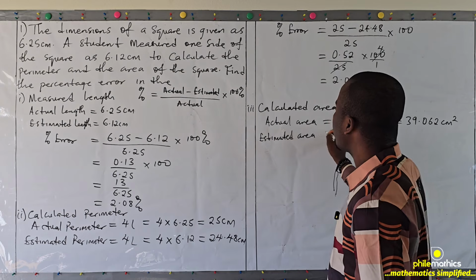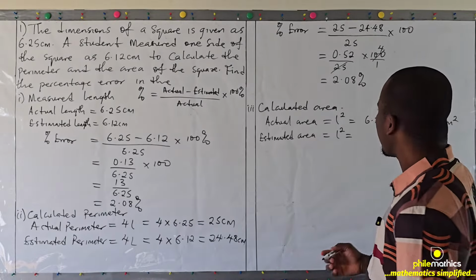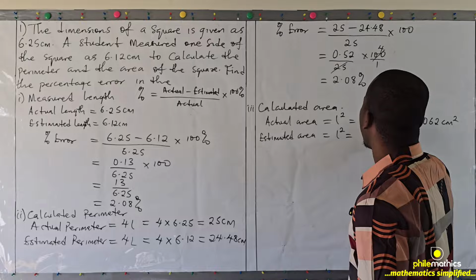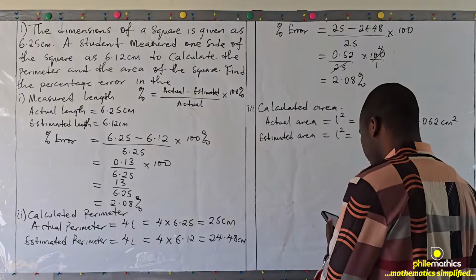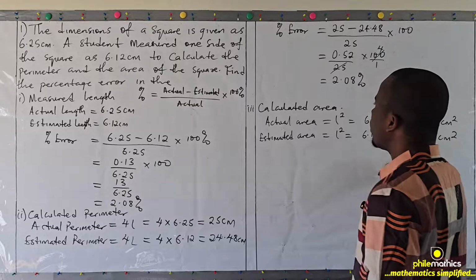And so the estimated area by the student, same formula, L squared, which is the area of a square, will be 6.12 squared. If we square this, we'll get 37.45 centimeter square.